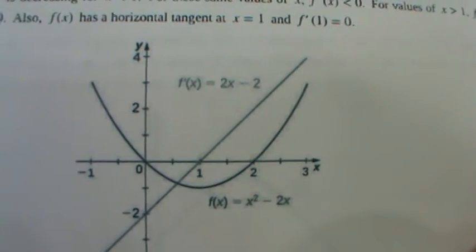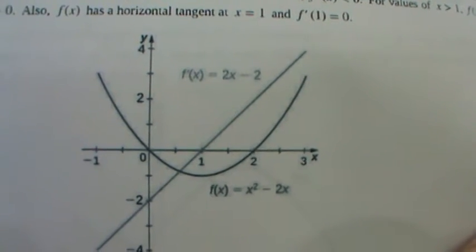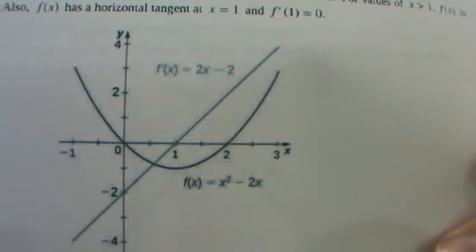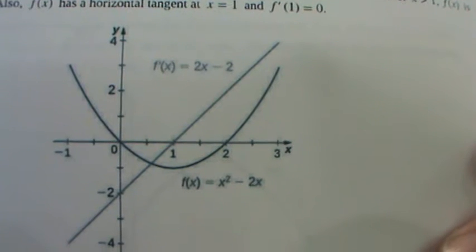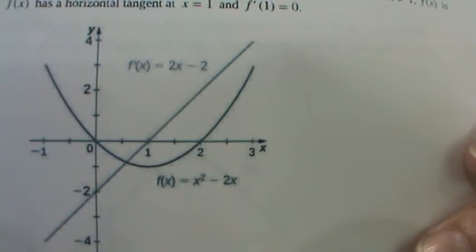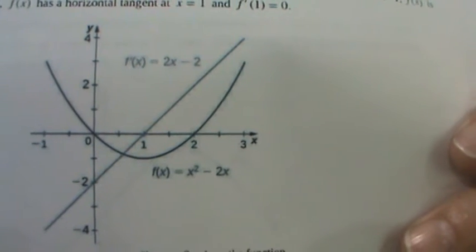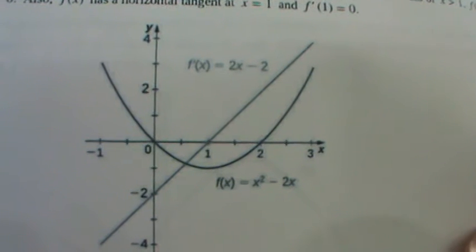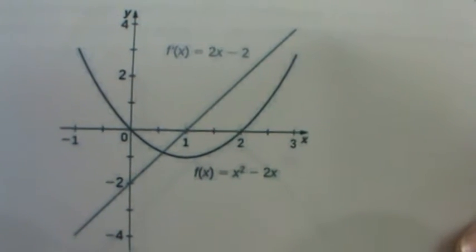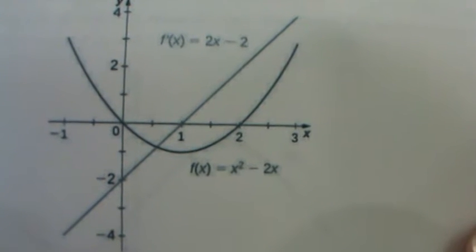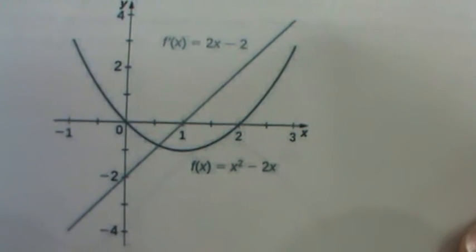Okay, so now notice that if you look at the parabola, it is decreasing from negative infinity to 1 and increasing from 1 to positive infinity. Look at what you notice about the graph of the derivative function.